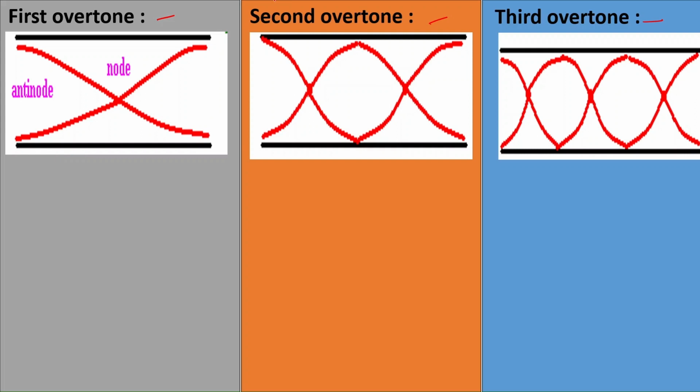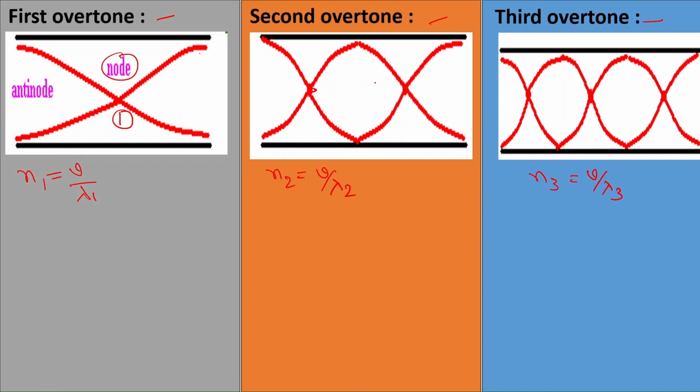In the first overtone, the frequency I am going to consider is n1 equals v by lambda 1. Similarly, n2 equals v by lambda 2, and n3 equals v by lambda 3. Here in the first overtone, we have only one node and two antinodes.